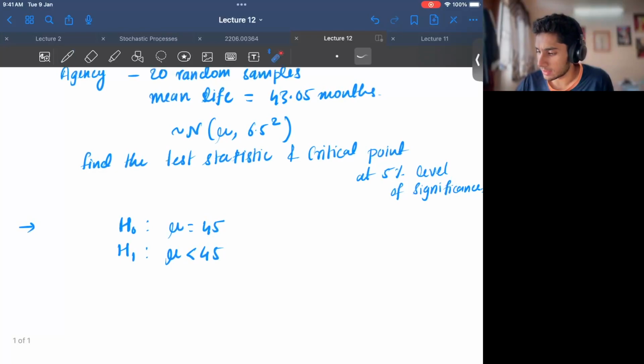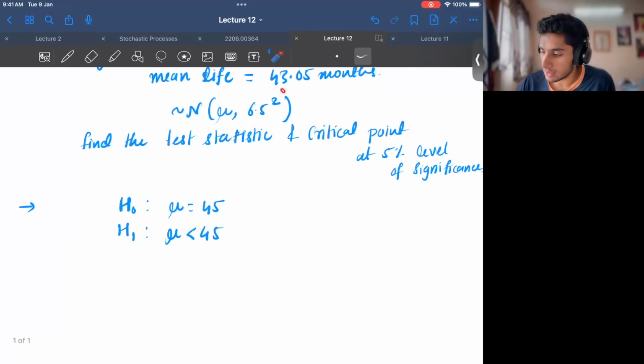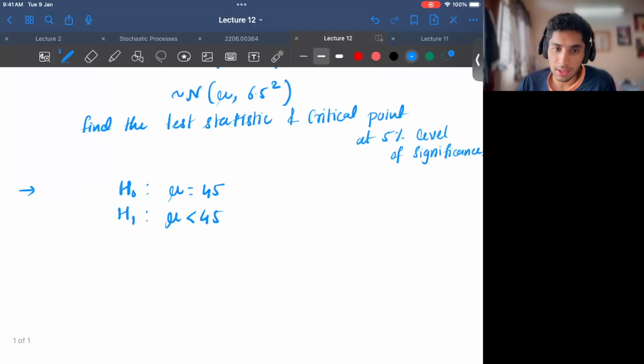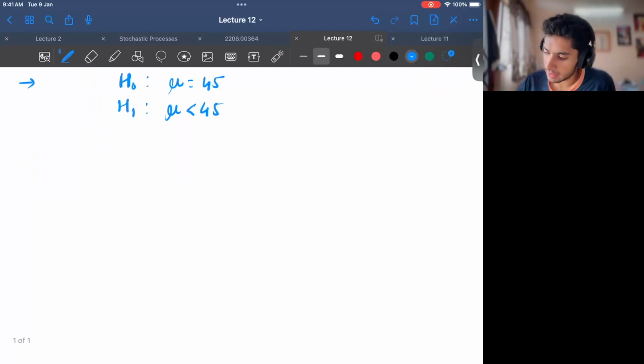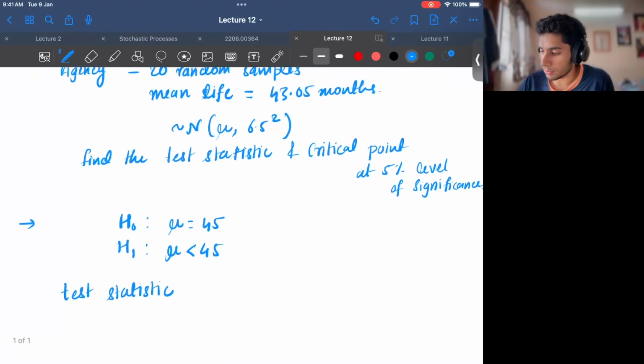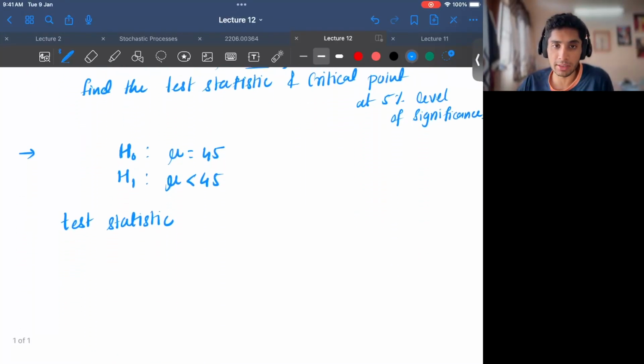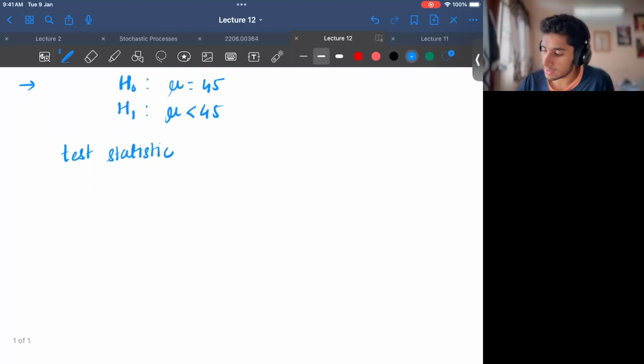Just have a look at this thing. So you have a normal distribution whose variance is known, right? Then in these cases, if you have seen the lectures, what will be the test statistic? Since the population variance is known, which is 6.5 squared, the test statistic is Z, which is just the normalized version of your x bar, right?